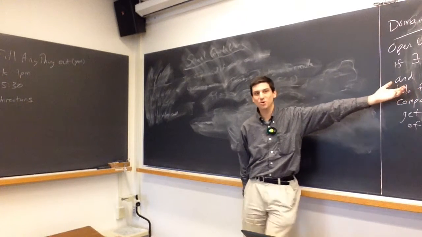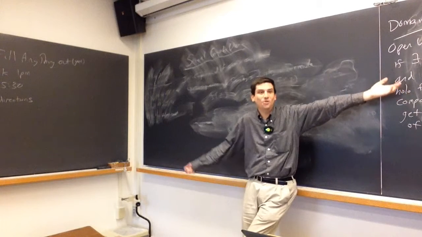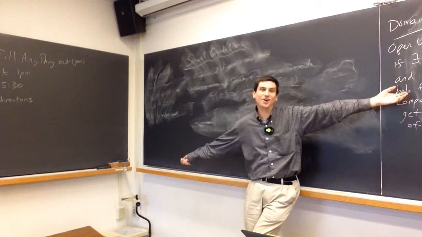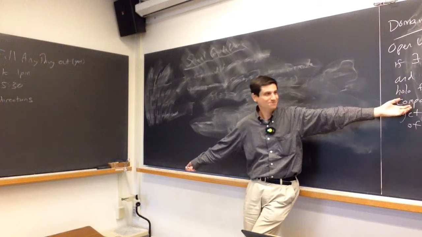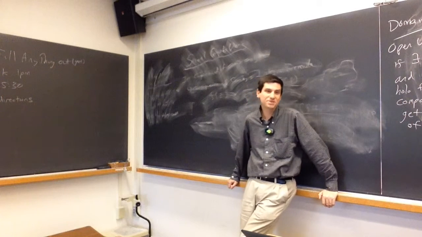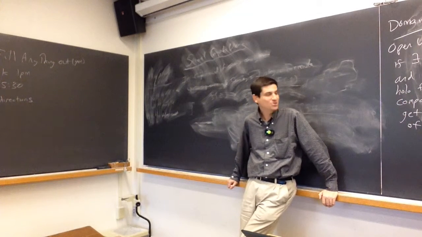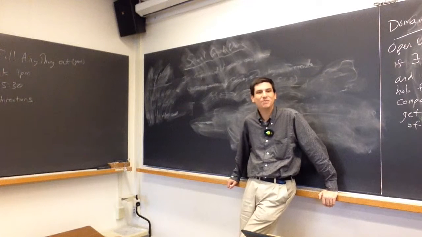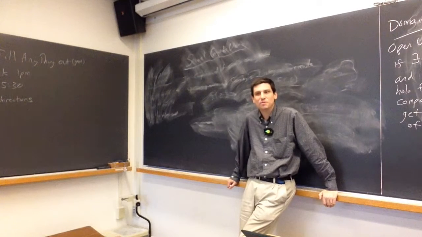If you have an open set with no boundary points, the whole thing. And I've got a function that's holomorphic on the whole thing. Or none of it. Or it could be the empty set. And so it's really not interesting if I don't have a boundary point. Okay? I want a boundary point.